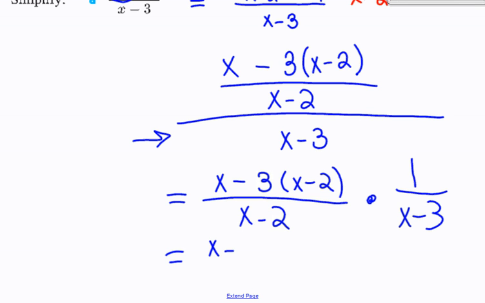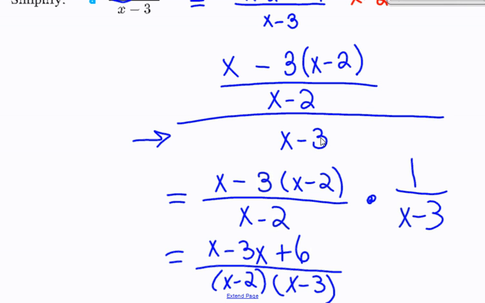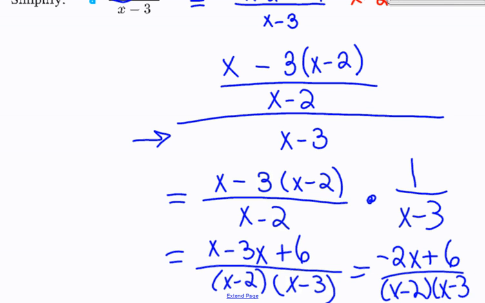So we'll have x minus 3x plus 6 times 1 over x minus 2 times x minus 3. And when we simplify that, we get negative 2x plus 6 over x minus 2 times x minus 3.